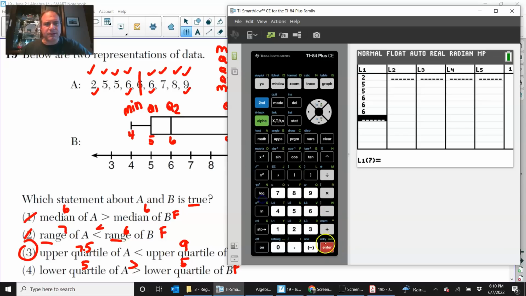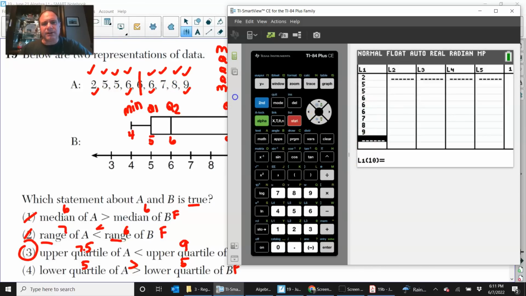I'm trying to do this quickly. 7, 8, and 9. So once you enter the list, I have 9 numbers here.